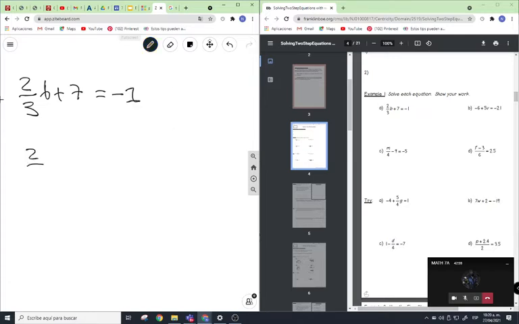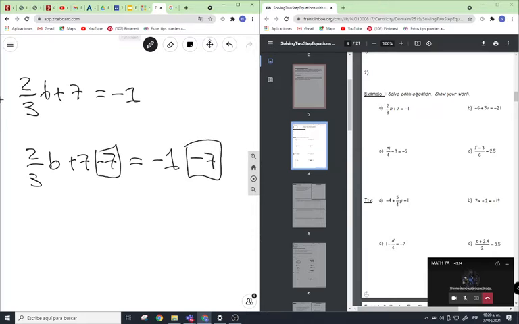it's 2/3 b plus 7 minus 7, because we want to get rid of this 7, so we have to do the opposite, equals -1 minus 7. Remember, if we subtracted 7 here, we have to do the same on the other side. Okay, so let's do it.